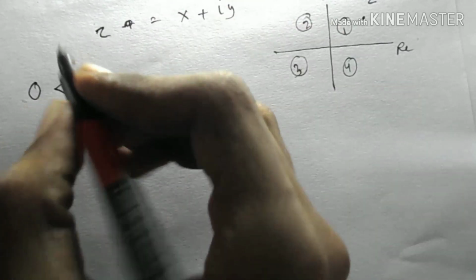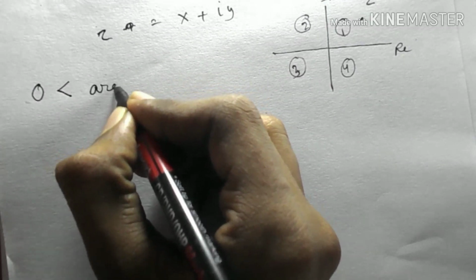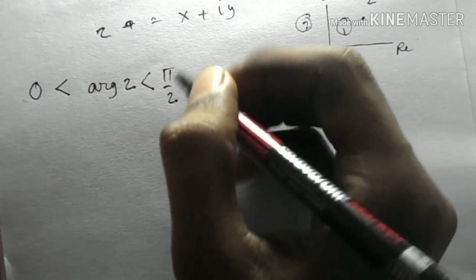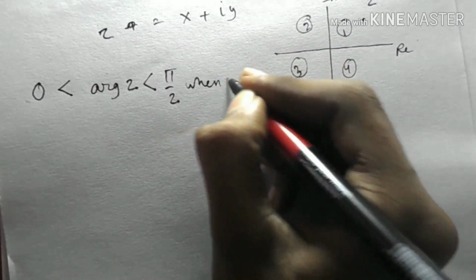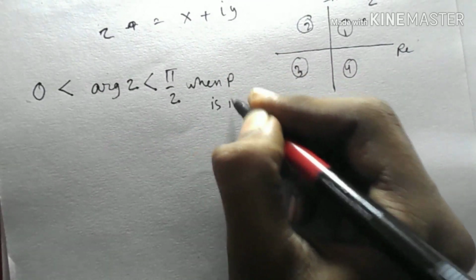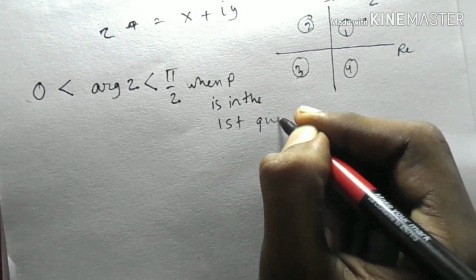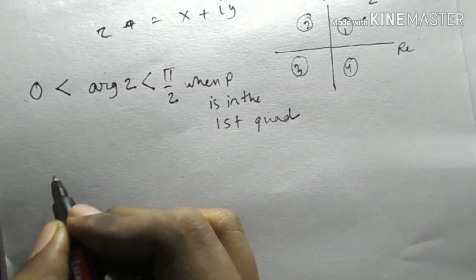the argument would be between 0 to pi by 2 or 90 degree, when p is in the first quadrant, right?